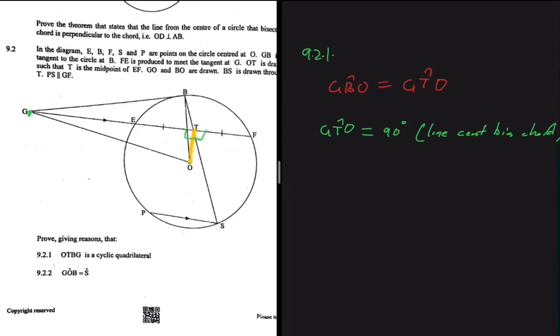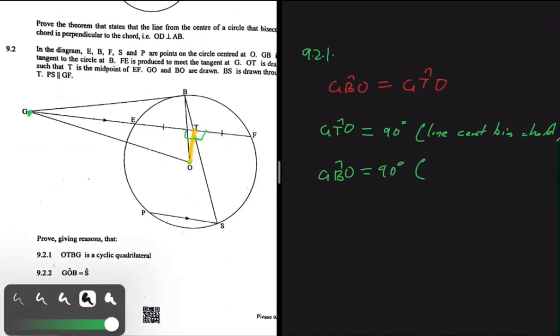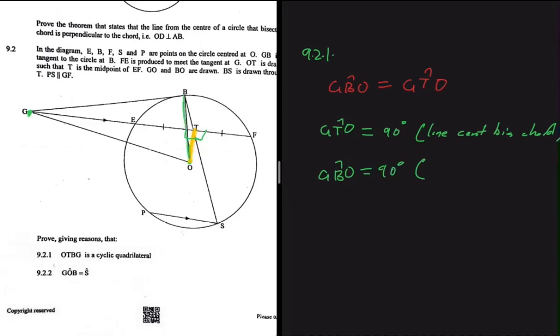So now we know fully well that GBO should also be 90 degrees. And indeed it is. We're going to say that GBO is equal to 90 degrees. Why are we saying GBO is equal to 90 degrees? Because this radius here will be perpendicular to the tangent, right? We know that fully well. So the radius is perpendicular to the tangent, right?